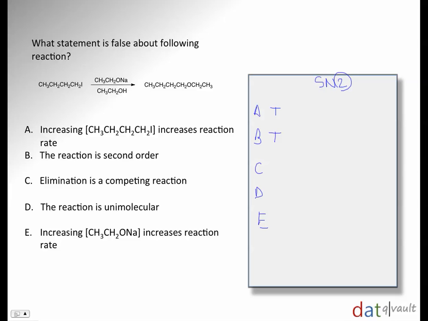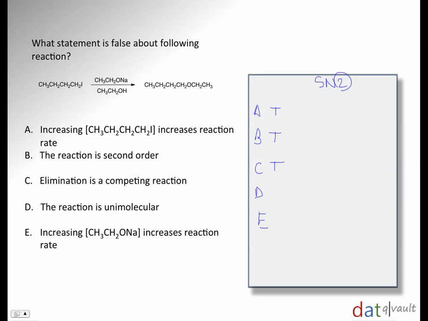We didn't cover this, but in all substitution reactions, if you have a strong base, elimination is always going to be a competing reaction. This is because we have a strong base and we have an alpha hydrogen over here, which can then eliminate the iodine. So elimination is always a competing reaction in a substitution when a strong base is involved as a nucleophile. So that statement's true.